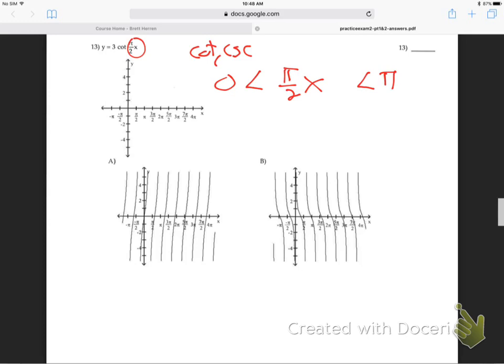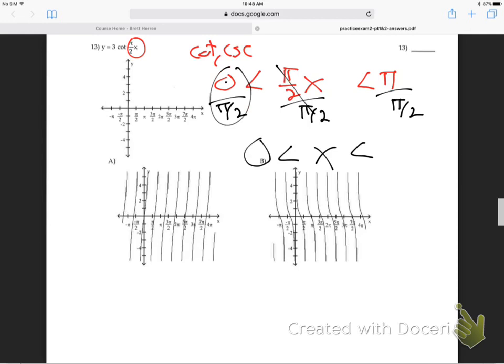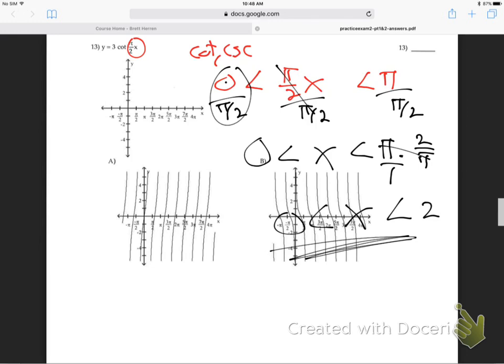Can I subtract pi over 2? No, that's not added. You gotta divide by pi over 2, or multiply by 2 over pi, either way. So divide through by pi over 2. That gets x alone. 0 over anything is just 0. This one is pi times 2 over pi, that's pi over 1. These cancel, that's 2. So x is between 0 and 2.